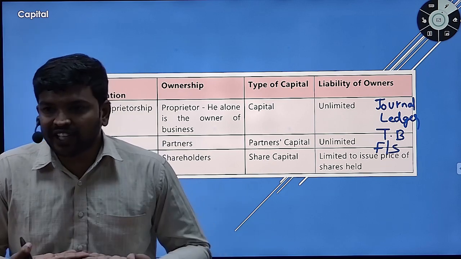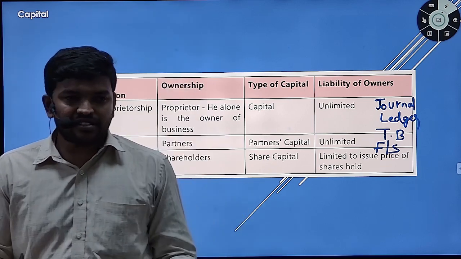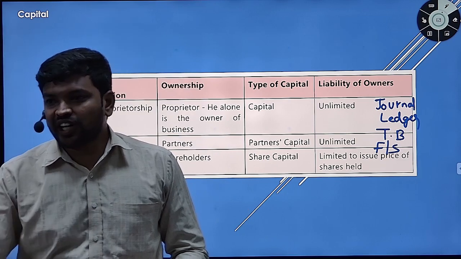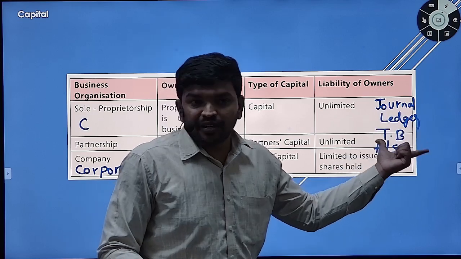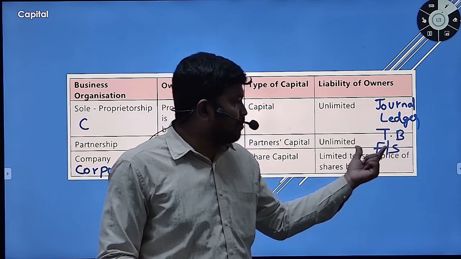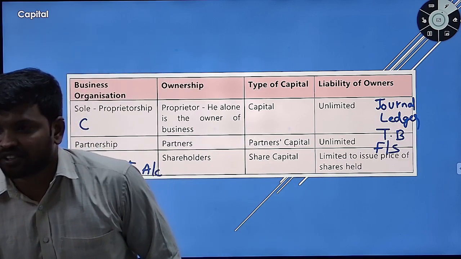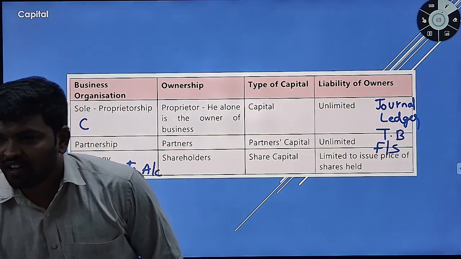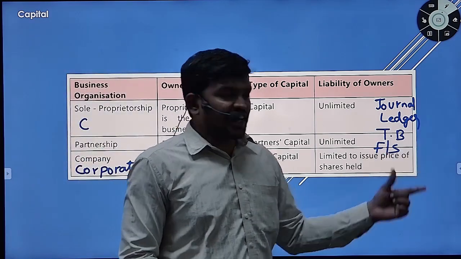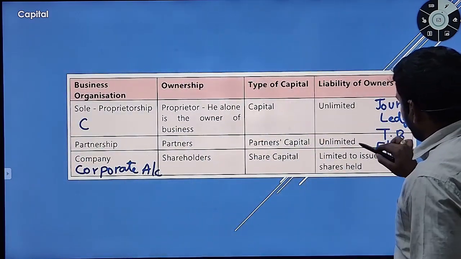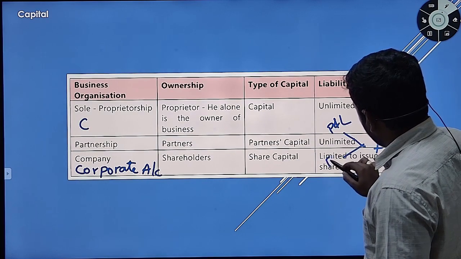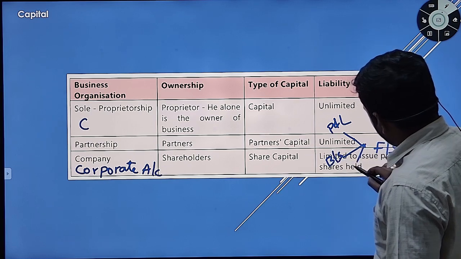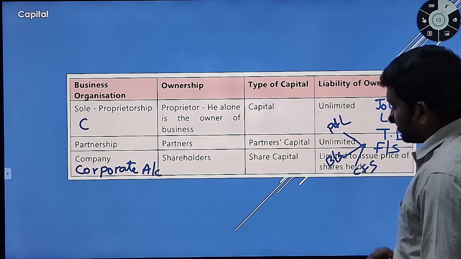Ideally, the trial balance will tally: all debit balances equal all credit balances. From the trial balance, you prepare financial statements: first P&L, second balance sheet, third cash flow statement.